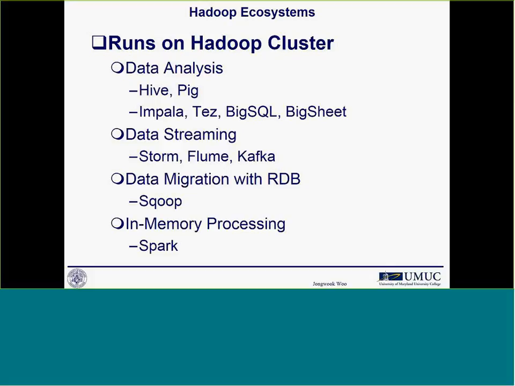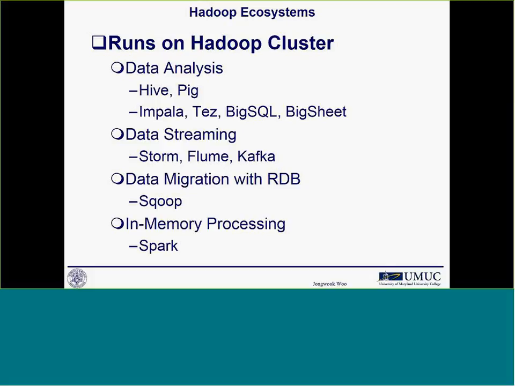Also for data streaming, to collect streaming data from sensors or from log files, there are Storm, Flume and Kafka. Those are additional Hadoop ecosystem projects donated to the Hadoop project. And also for exchanging data with relational databases, there's the Sqoop ecosystem.